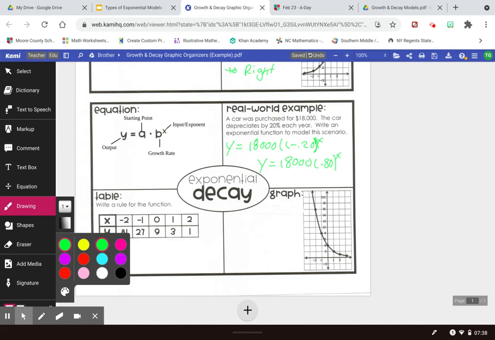All right, and then of course, if you look at the graph, you see this graph is decreasing from left to right.